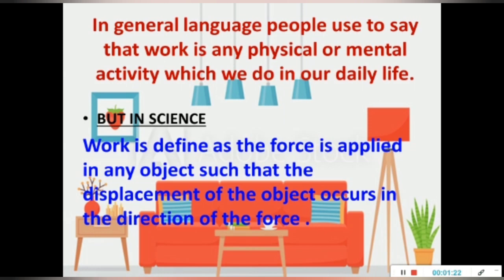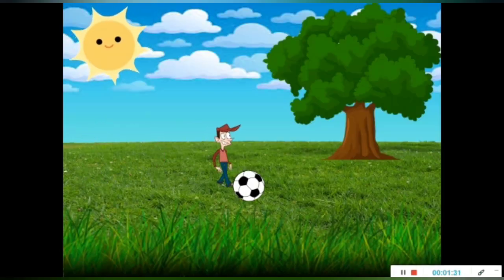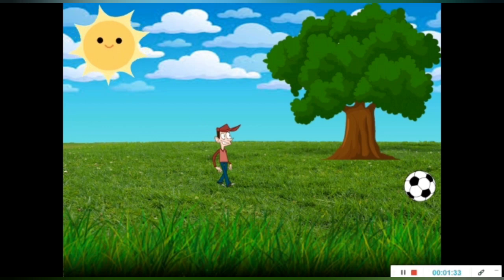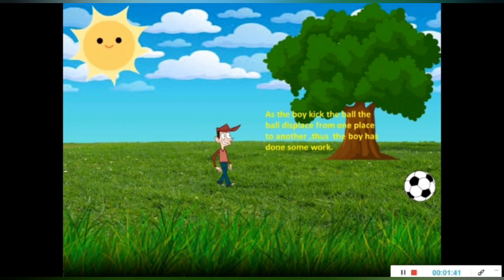Let's take an example and understand the definition. Suppose you are playing football in the ground and you kick the ball and the ball is displaced. As the boy kicks, the ball is displaced from one place to another. Thus, work is done.